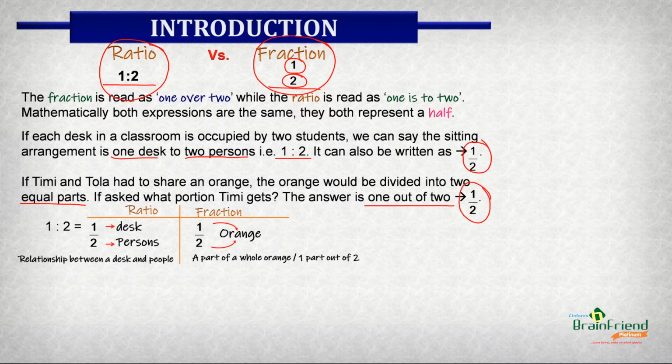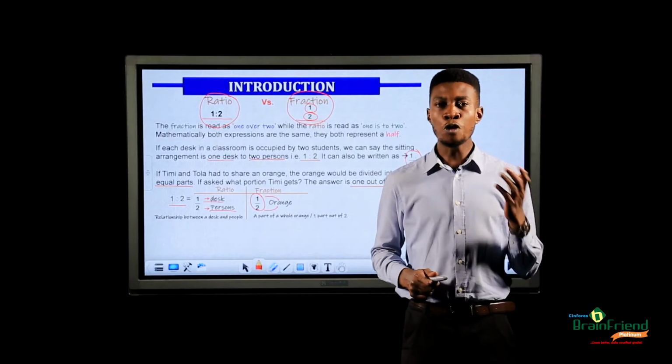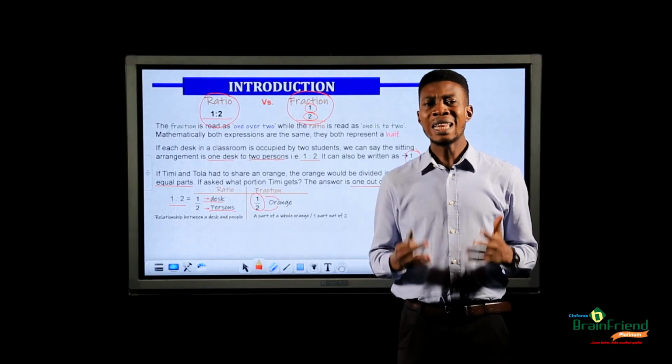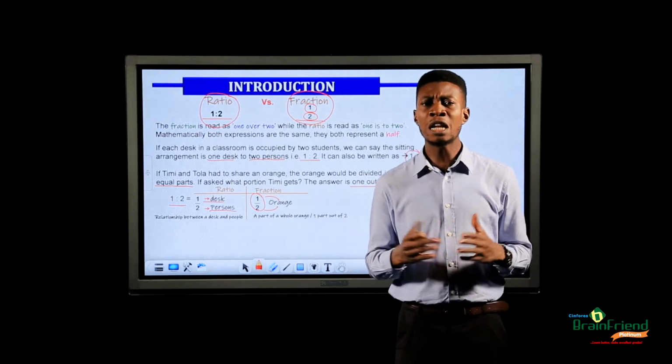Now, expressing these as ratio and fraction, 1:2 means one desk is for two persons. And for the orange, we have one person gets a part of the whole orange. So that is half of the whole orange. Having said so much about ratios and fractions, let's go on to see what rational numbers are.